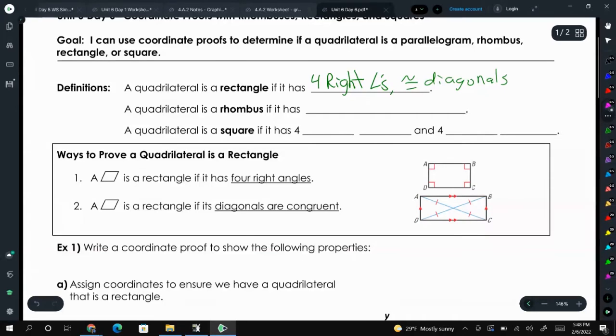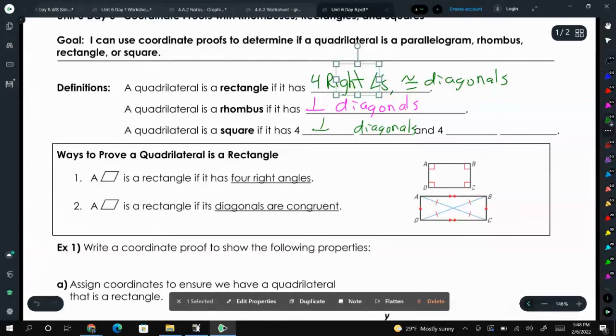So a quadrilateral is a rhombus if it has perpendicular diagonals, and a quadrilateral is a square if it has perpendicular diagonals and congruent diagonals.